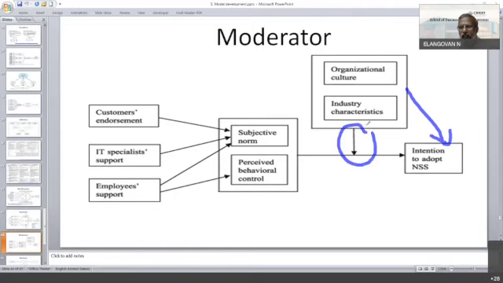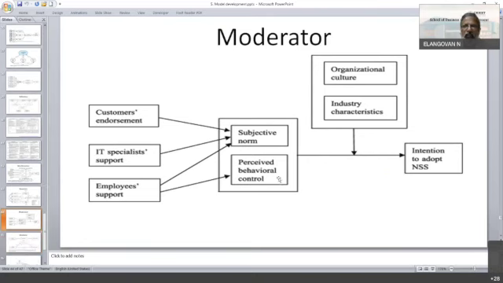I am drawing it to the path effect, so it means the moderator is always impacting the relationship between two variables. This is how we model a moderator. This is one more modeling convention that you need to use.